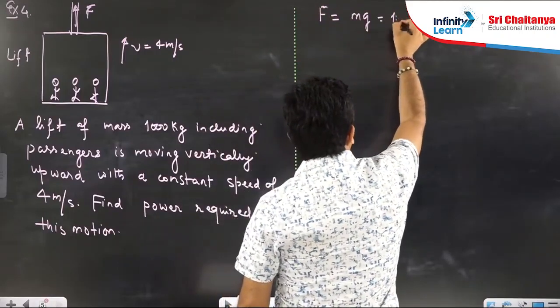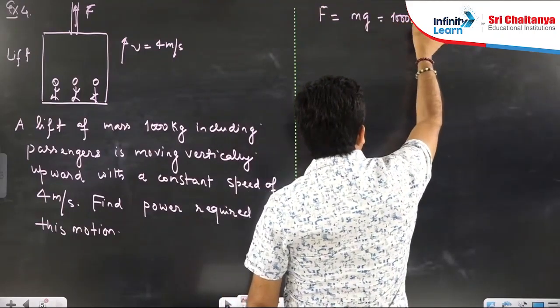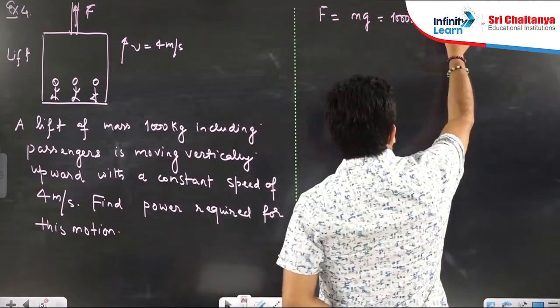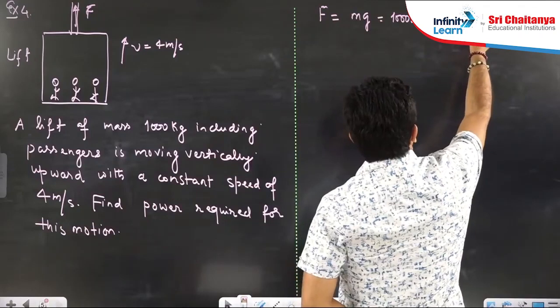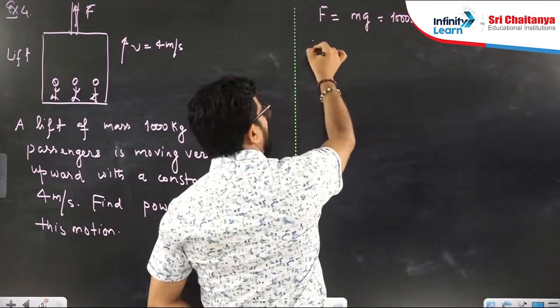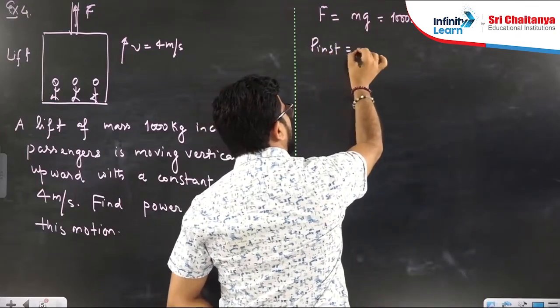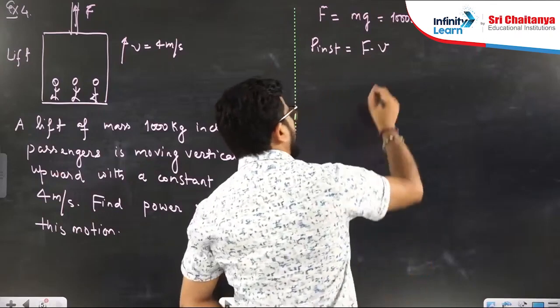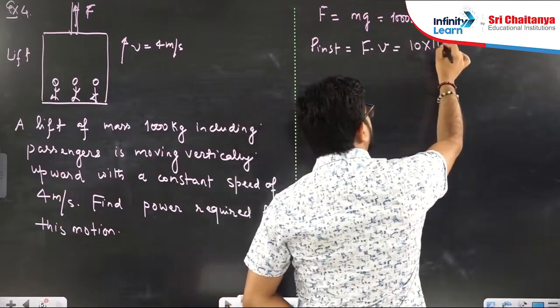M is given to you, 1000, into g, that means 10. So you can say clearly that F is equal to 10 into 10 to the power 3 Newton. Okay. Now we have to find what, beta? Power. Power instantaneous is equal to F into V. F is given as 10 into 10 to the power 3.